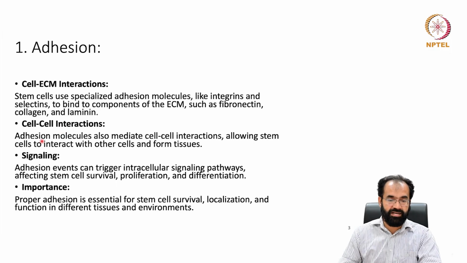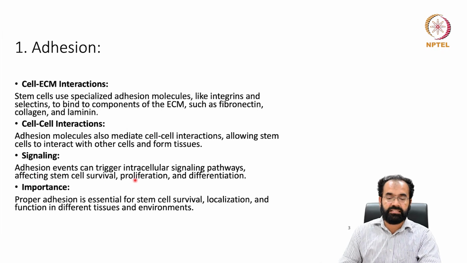And cell-cell interaction, that is also part of adhesion. Adhesion molecules also mediate cell-cell interactions, allowing stem cells to interact with other cells and form tissues. So this interaction is a must, without which no cell is going to multiply. Then comes the signaling event. Just interaction is not good enough, signaling should kickstart.